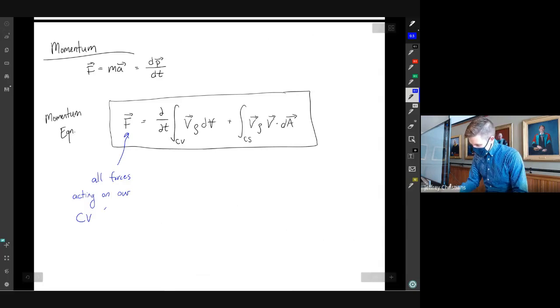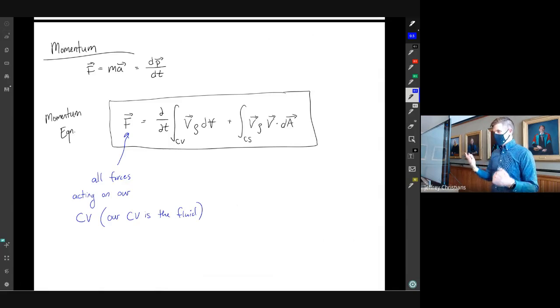If we have a fluid flowing through something, our control volume is the fluid itself.